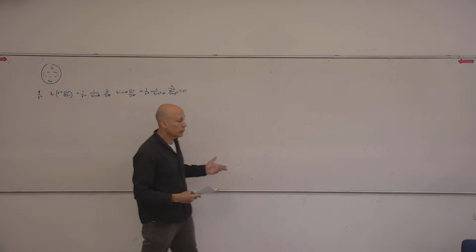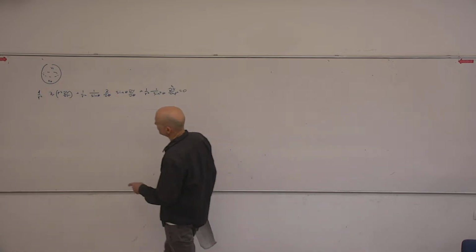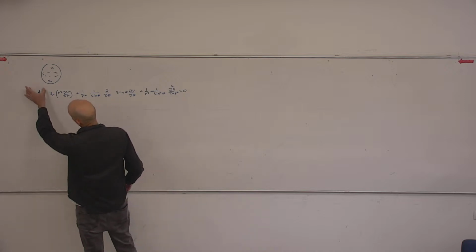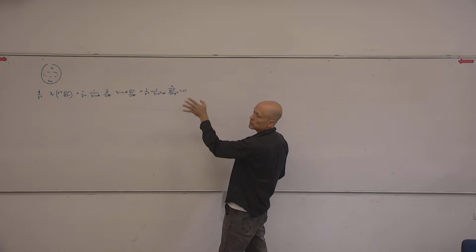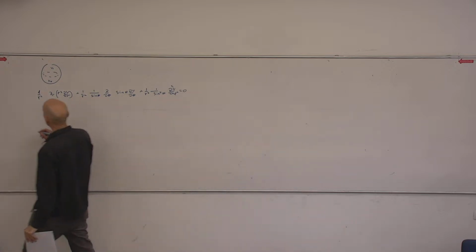So this is pretty awful. And also notice that because this is the Laplacian, this 1 over r squared is actually not important. I mean, that's just the definition of the Laplacian.